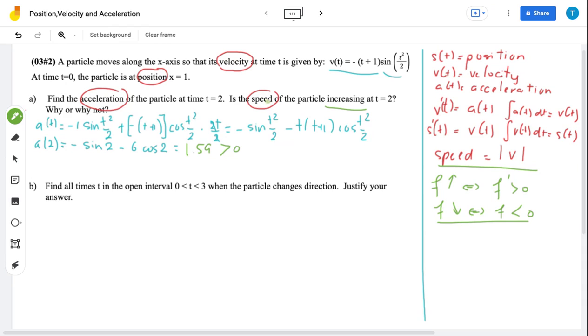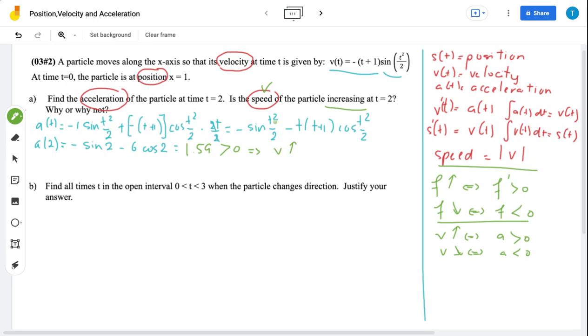Let's ignore the speed right now and think about velocity first. Velocity increasing is equivalent to acceleration being positive. Velocity decreasing means acceleration is negative. Because acceleration is positive, that means velocity is increasing.